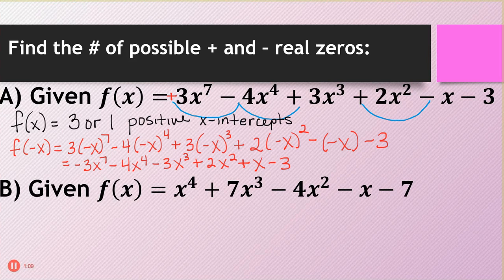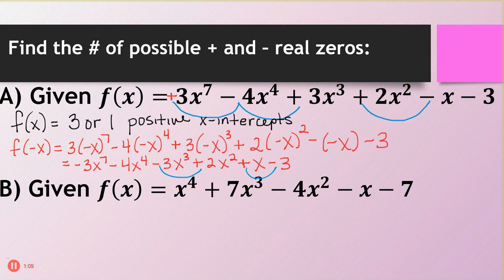So now let's go back through and count our sign changes. Negative to a negative, that's not a sign change, not a sign change. So we get our first sign change from here to here. We don't have a sign change from 2x squared to positive x, but we do have one at the end.